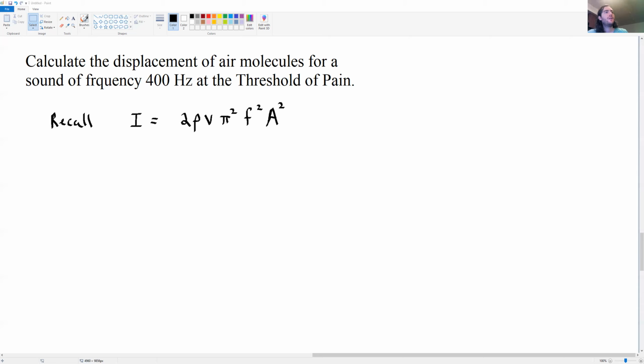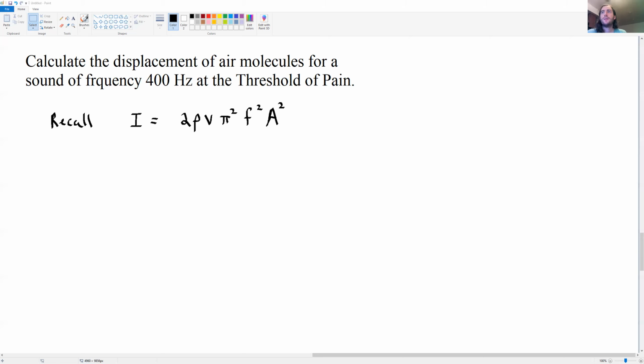The idea here is exactly what I was talking about towards the beginning of the class: when you have these sound waves, these pressure waves, the air molecules are vibrating back and forth.